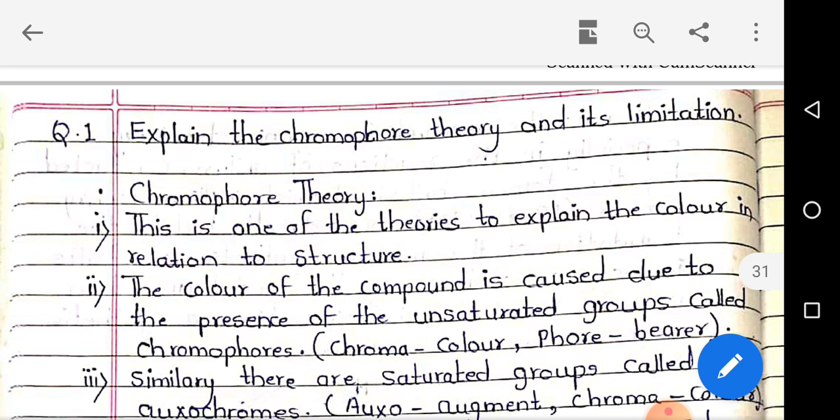Some are invisible, but after these groups are attached, they can become easily visible, going from colorless to colored. The change of the chemical from colorless to colored is due to these groups attached to the material. So we will discuss it in the next lecture.